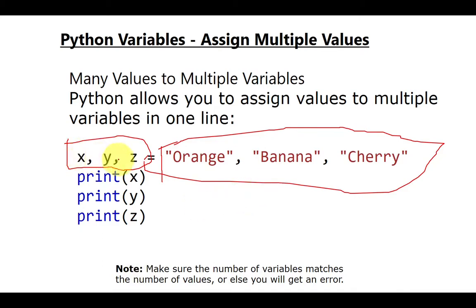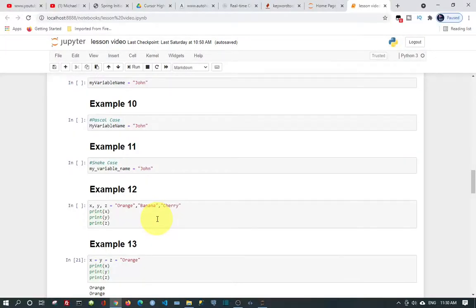So if we have two variables right here and we have three values right here, we're going to get an error. Right here, if you look at it, we have orange, banana, and cherry, and we're going to assign these values all at once to these variables X, Y, and Z. So I'm going to run it.